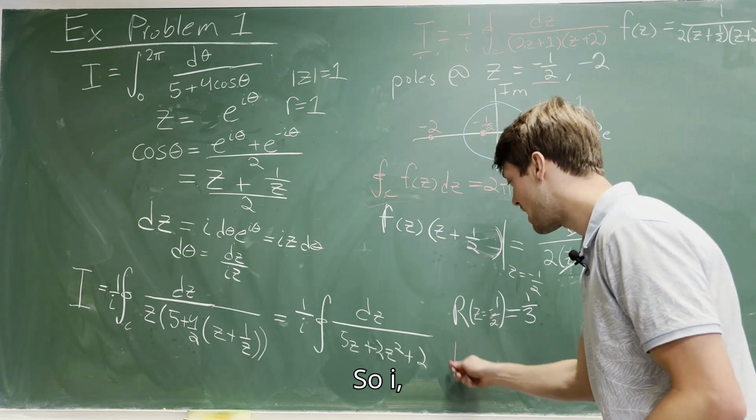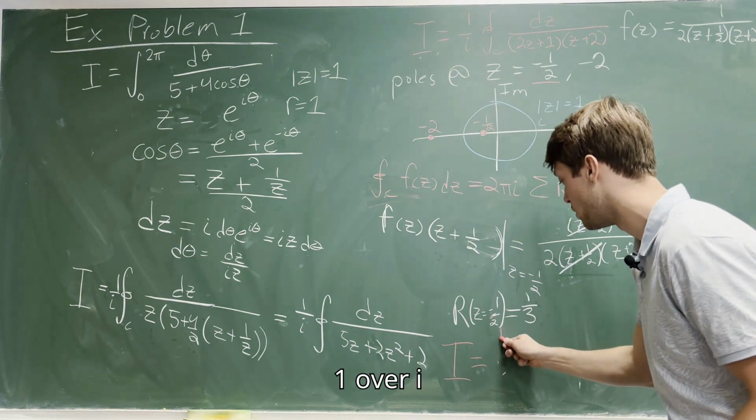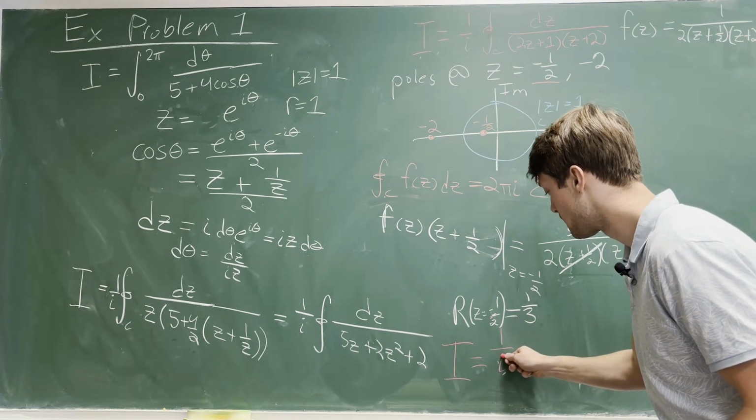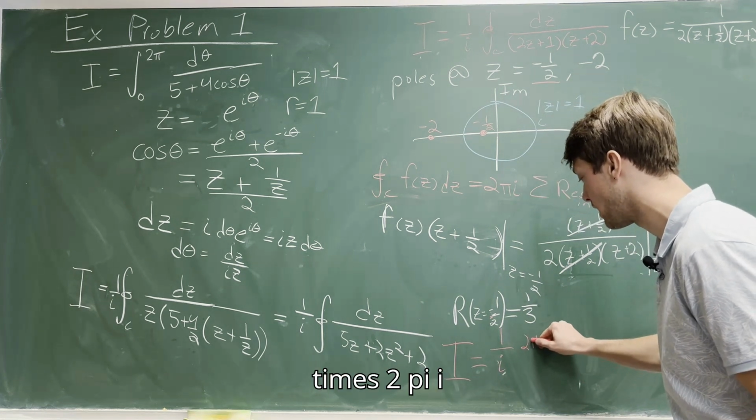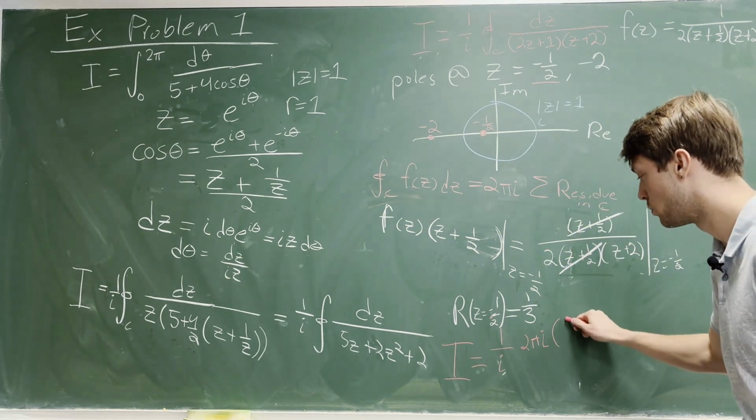So I, our big integral from before, is equal to 1 over i times 2 pi i times the sum of the residues, which is 1/3.